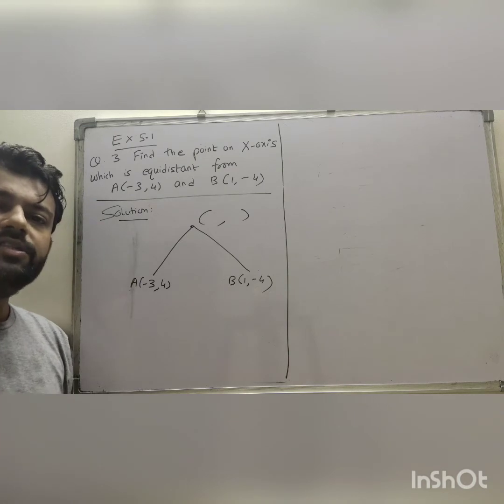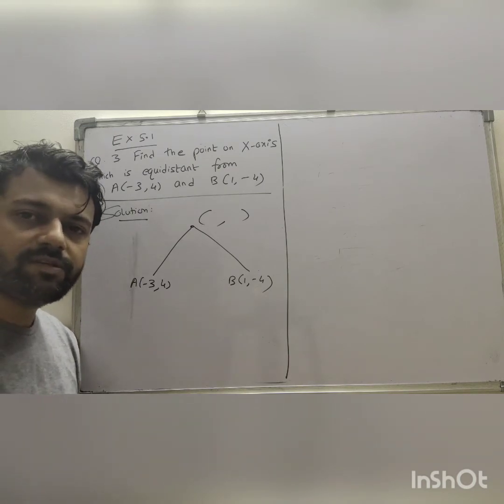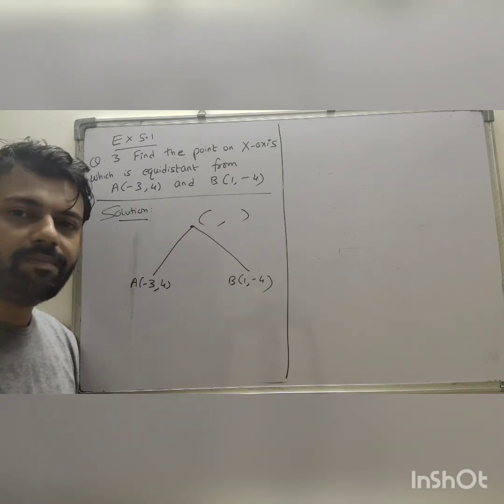We have to find the coordinates of the point which is equidistant from the given points A and B.